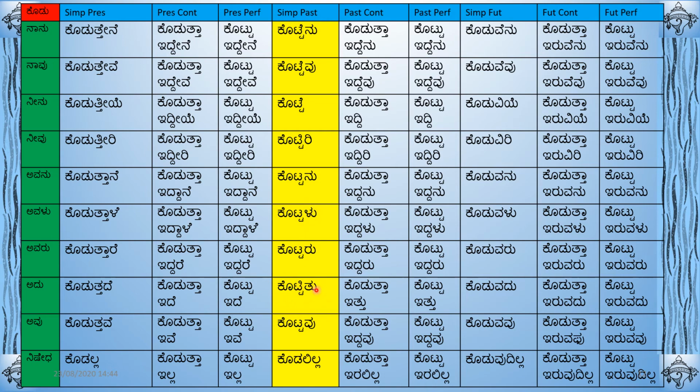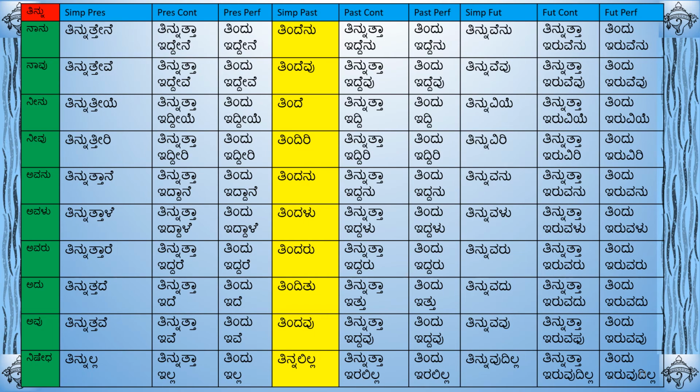It's not ಕೊಟ್ಟೆತು, it's ಕೊಟ್ಟಿತು, right? ಕೊಟ್ಟವು, ಕೊಡಲಿಲ್ಲ. ತಿನ್ನು, so ತಿಂದೆನು, ತಿಂದೆವು, ತಿಂದೆ, ತಿಂದಿರಿ, ತಿಂದನು, ತಿಂದಳು, ತಿಂದರು. So ತಿಂದಳು, ತಿಂದರು, ತಿಂದಿತು, right? Then ತಿಂದವು, ತಿನ್ನಲಿಲ್ಲ.